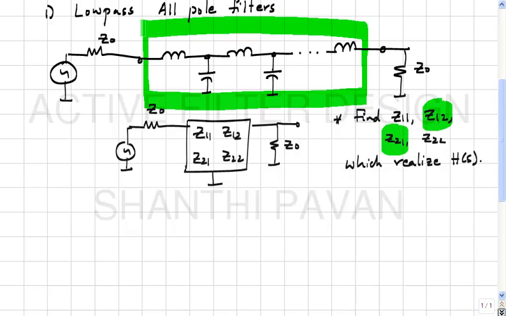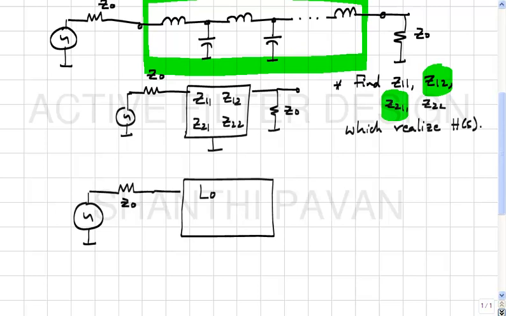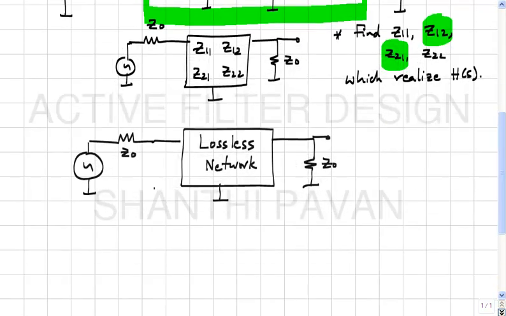So if you have a lossless network, a very interesting observation, okay. Let's say a power PA is going into the network.